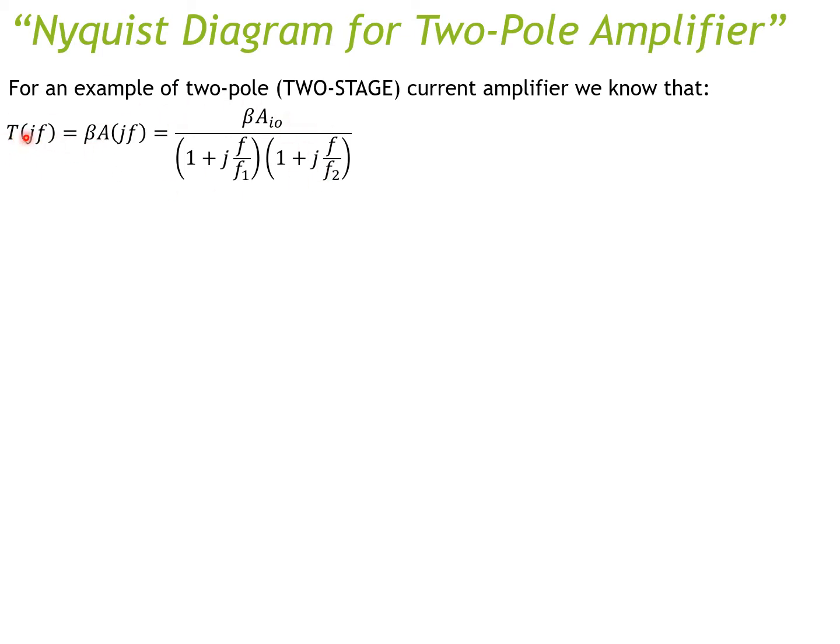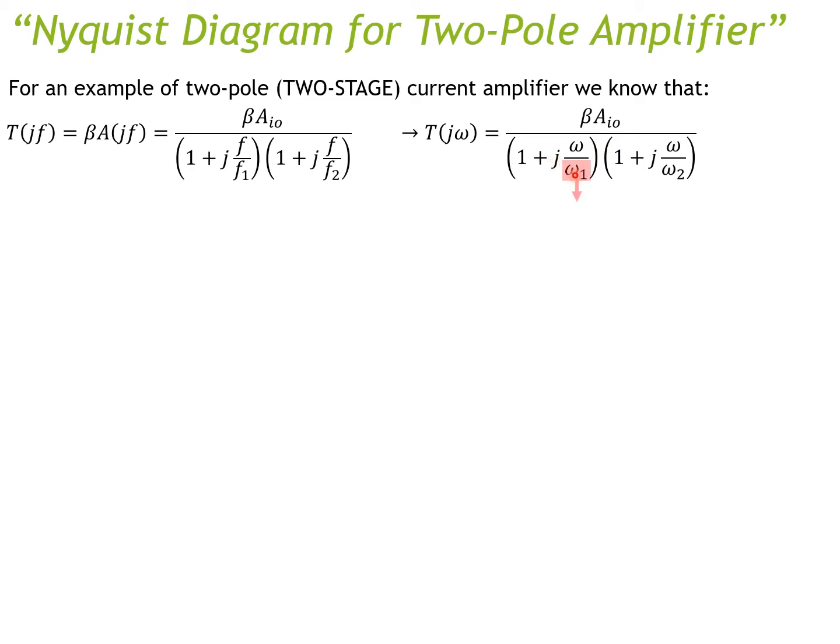If T is the loop gain equal to beta A, then I just have to multiply beta by the open loop gain function. So I can replace j with omega easily like this.